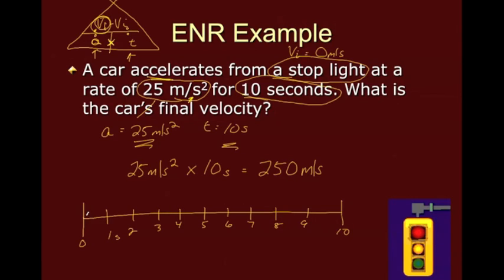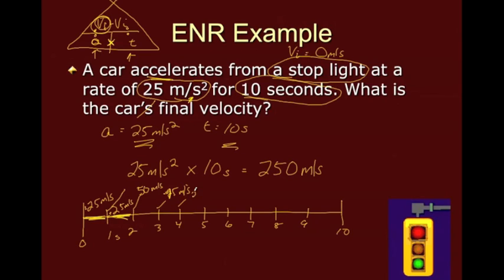So, from the stoplight, that car in the first second accelerates at 25 meters per second. So after 1 second, it's traveling 25 meters per second. During the second second, it accelerates at the same rate, so a positive 25 meters per second. So after 2 seconds, it's going 50 meters per second. Then it's going to go 75 meters per second.